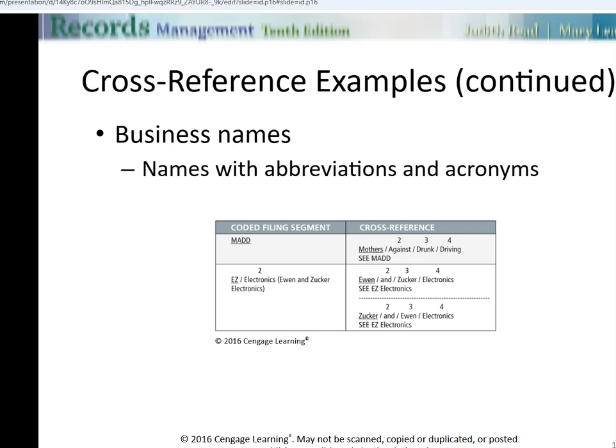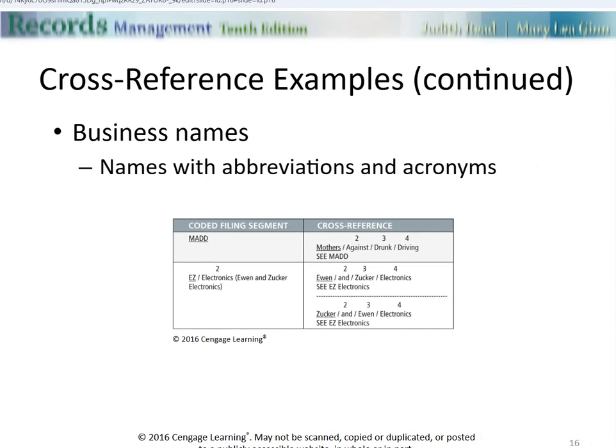But secondly, because it's also a compound business name formed with two partners' last names, Ewan and Zucker, we need to create another cross-reference for the other partner's last name. So the other cross-reference we create is going to be for Zucker and Ewan Electronics. And our C notation is always going to refer us back to the original, C, Easy Electronics.